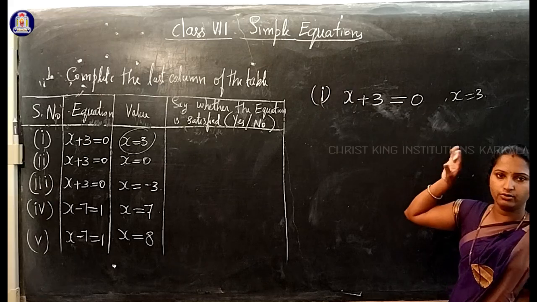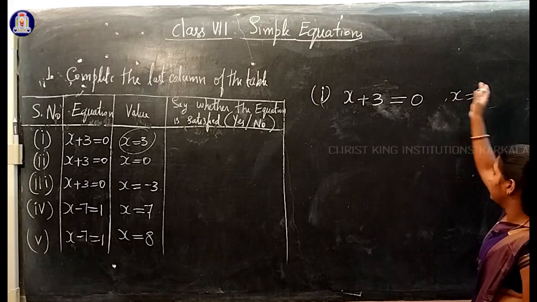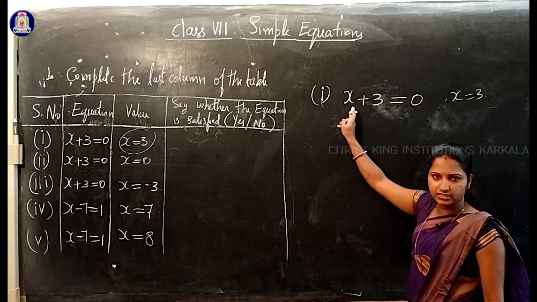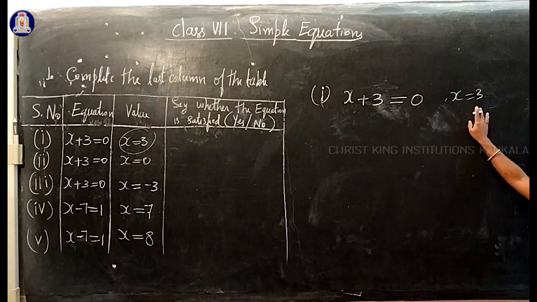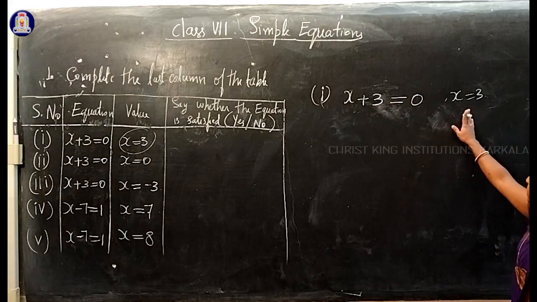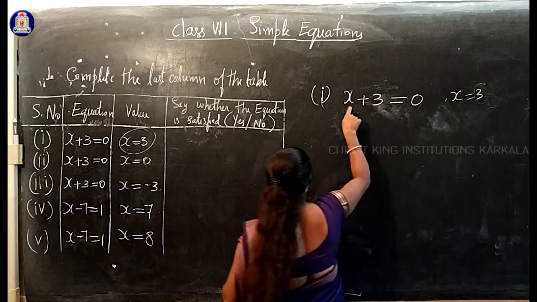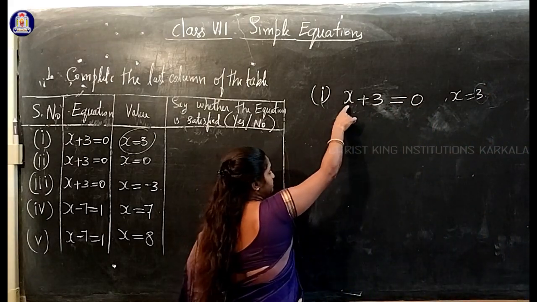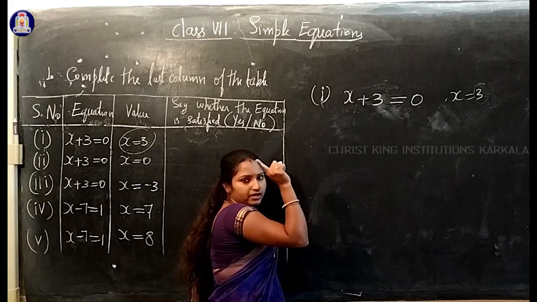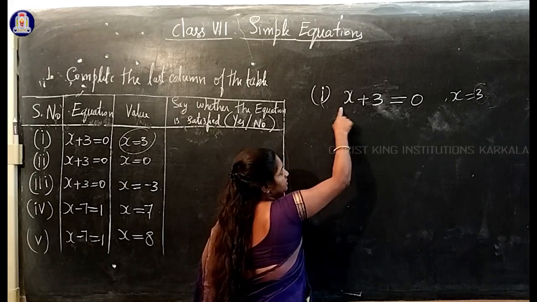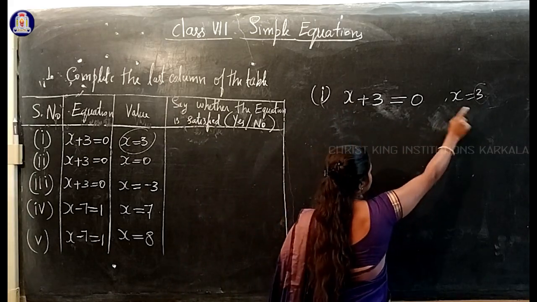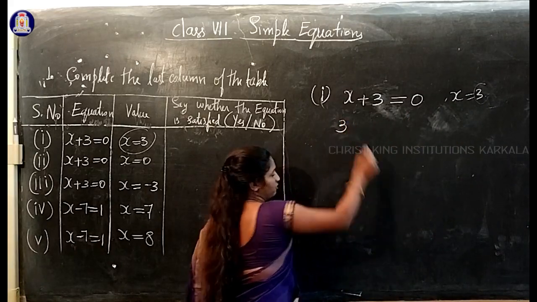So what we have to do? We have to substitute the x value in place of x. You must write the x value. What is the x value? The x value is 3. Okay? So in the equation, x is a variable, right? In place of x the value is 3, so you must substitute the value.